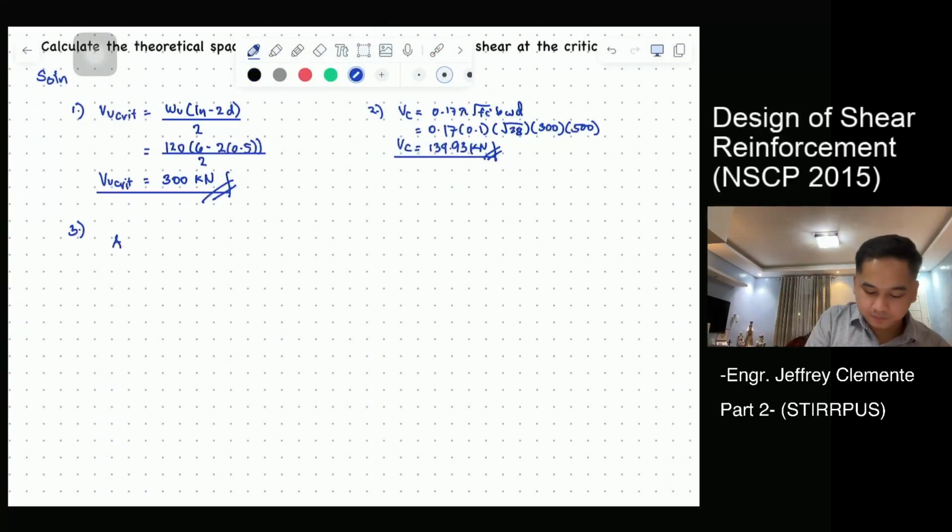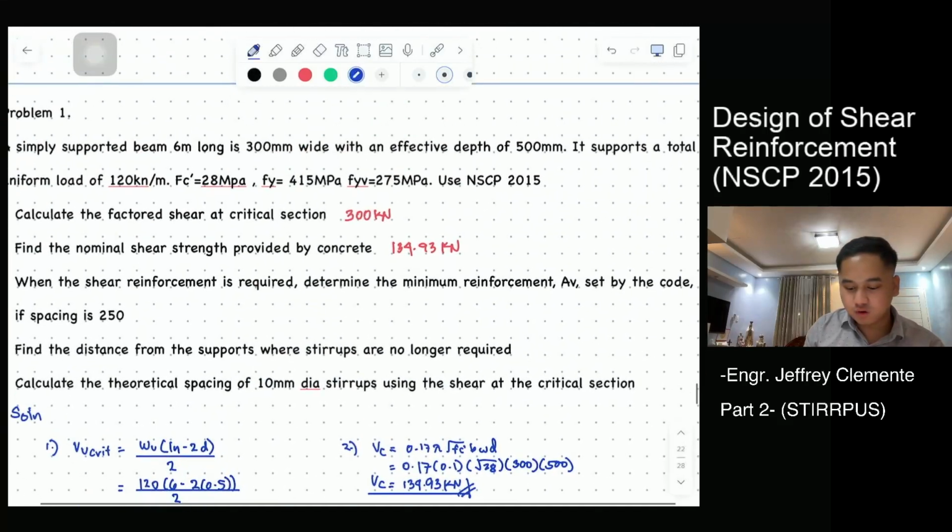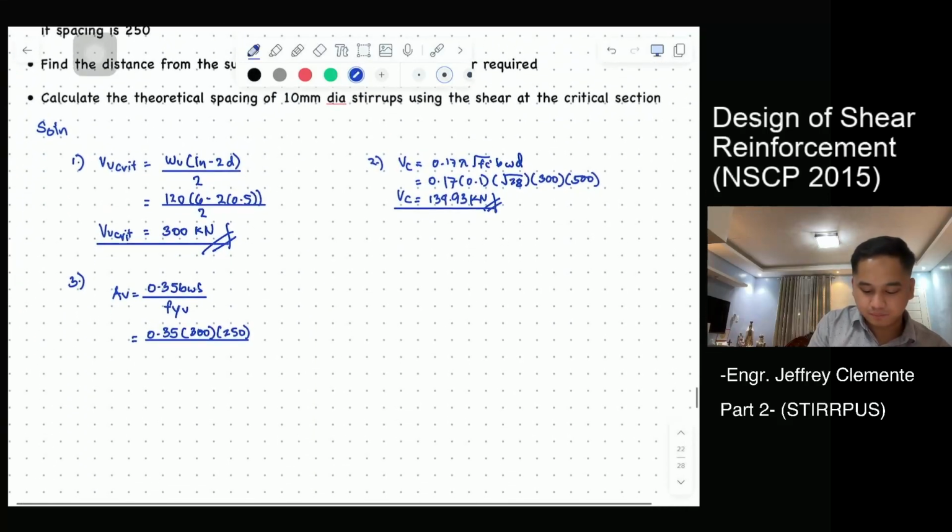So, Av is 0.35 bw s over fyv. So, 0.35. Ang bw is 300. Ang s is binigay, 250 daw. So, 250, all over, anong fyv? 275.